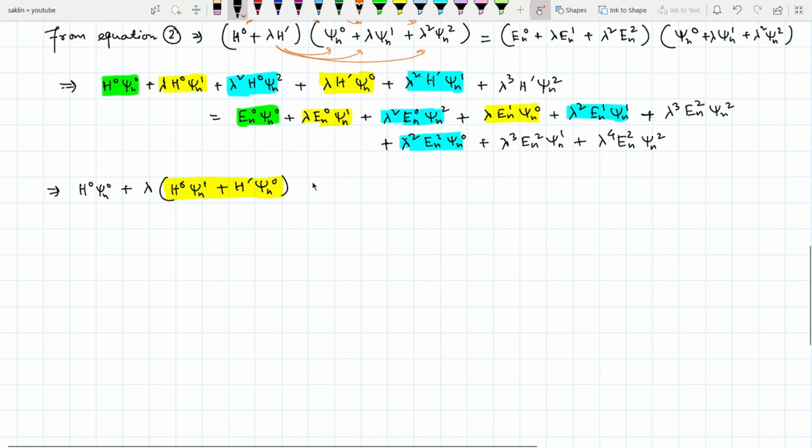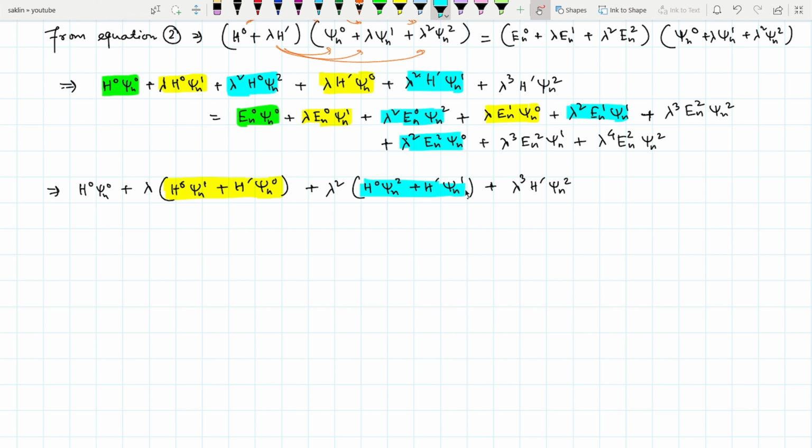And second, the lambda square, that will be H0 psi n2 plus H dash psi n1. The remaining part is lambda cube H dash psi n2. This will be this color.